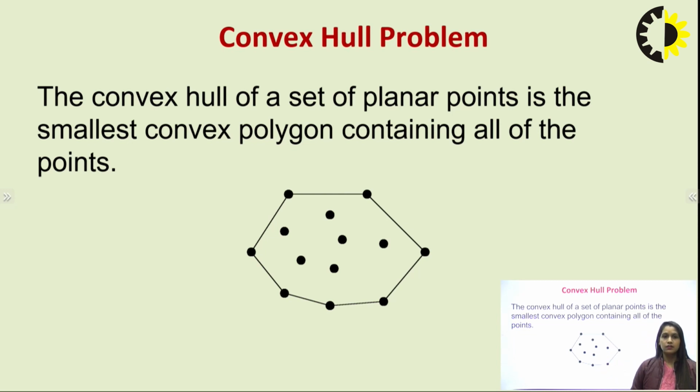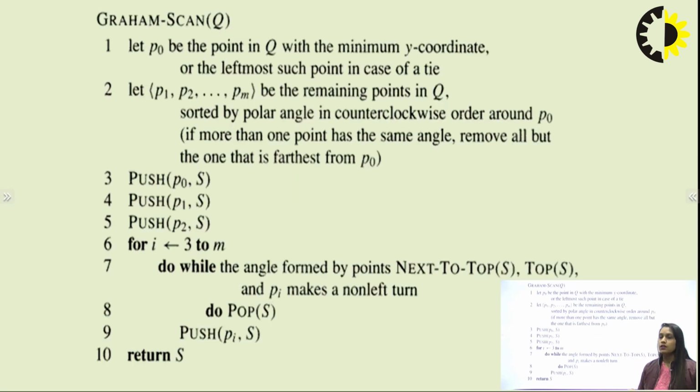That's it. This is the convex polygon containing all the points within it, right? So this is the convex hull problem, and we solve it using various algorithms, of which a very popular one is the Graham Scan algorithm.